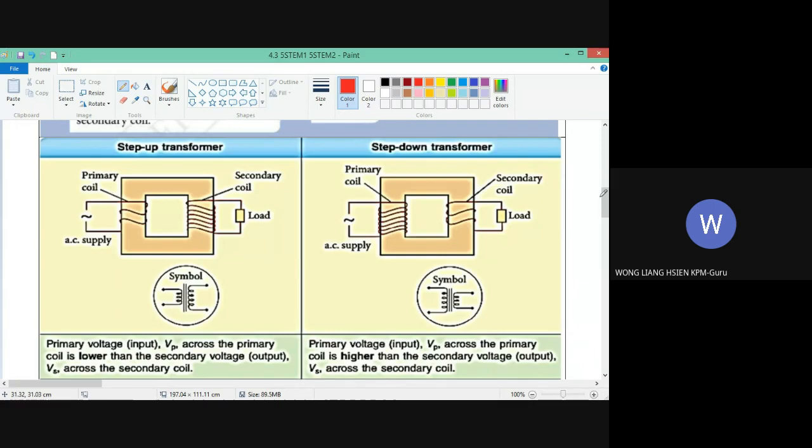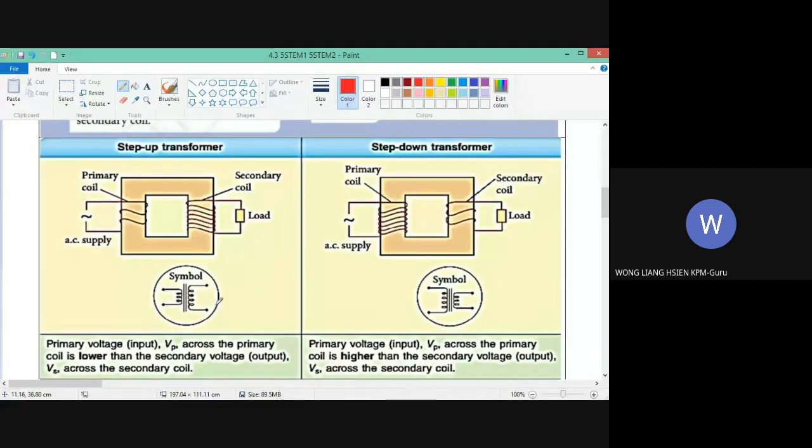Again, it's very simple. We look at the number of turns of the primary coil and the secondary coil. If the secondary coil has more turns than the primary coil, then it is a step up transformer. If the secondary coil has fewer turns than the primary coil, then it will be a step down transformer.